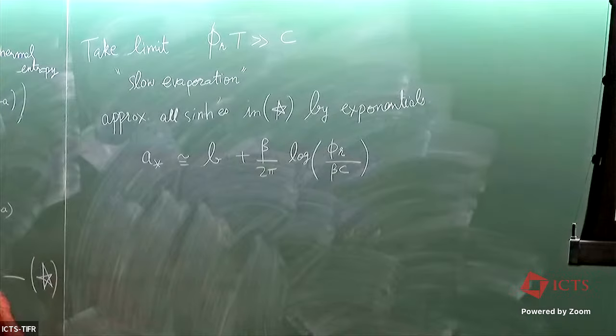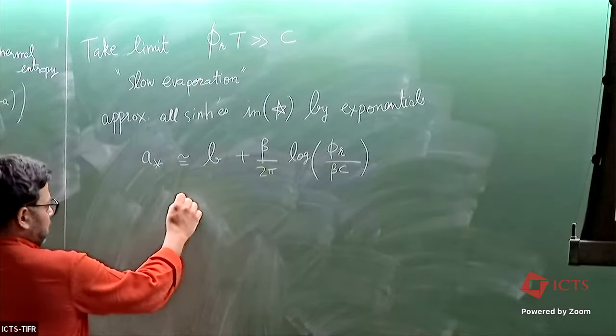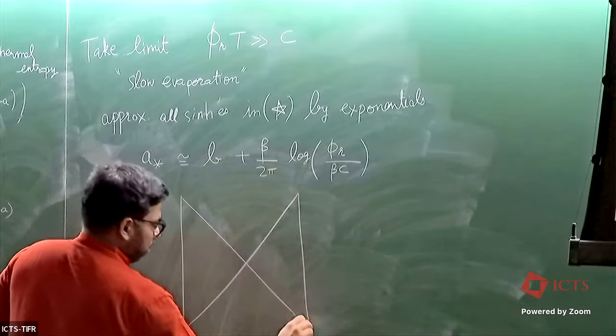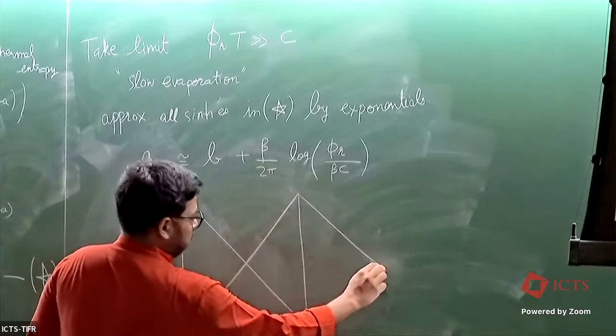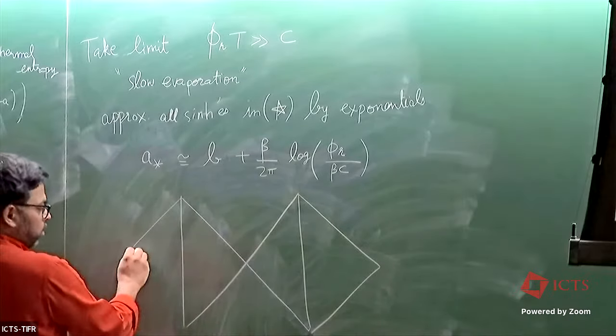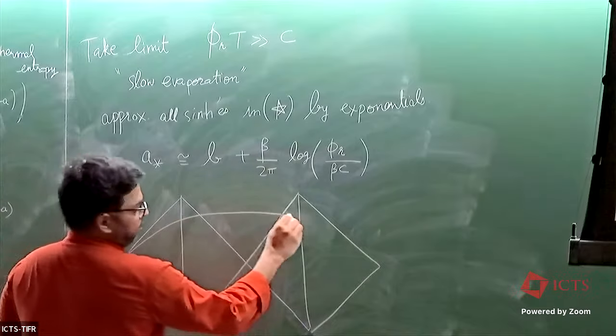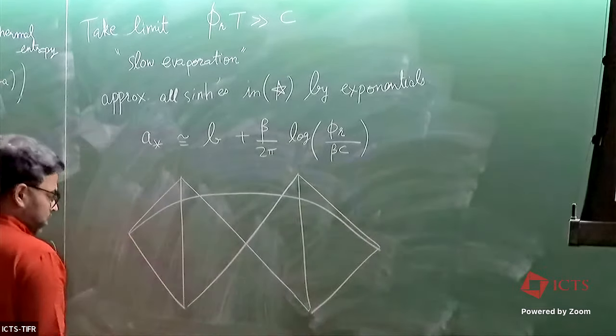So the picture that we should now draw is the following, that we have some AdS2 black hole. We coupled it to a bath at the same temperature as the black hole. And we started evolving this system forwards in time. So we started moving these Cauchy slices upwards and upwards.